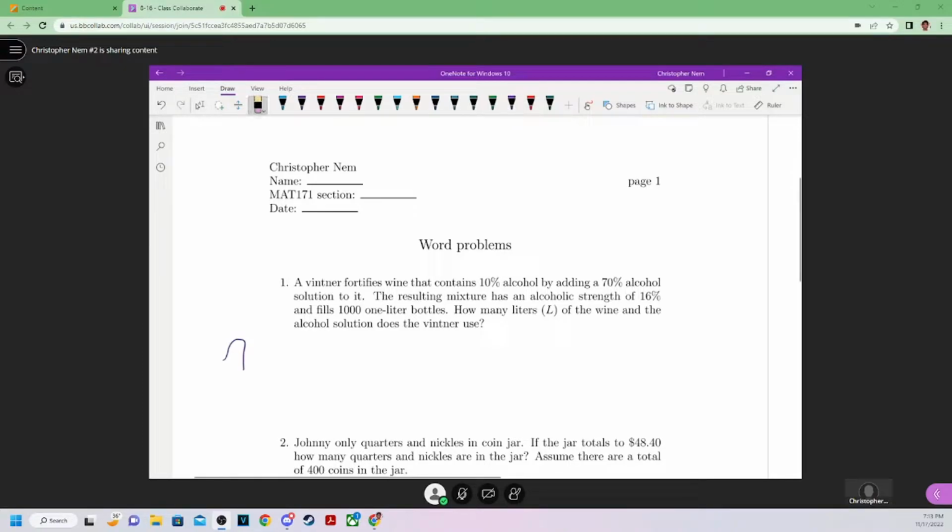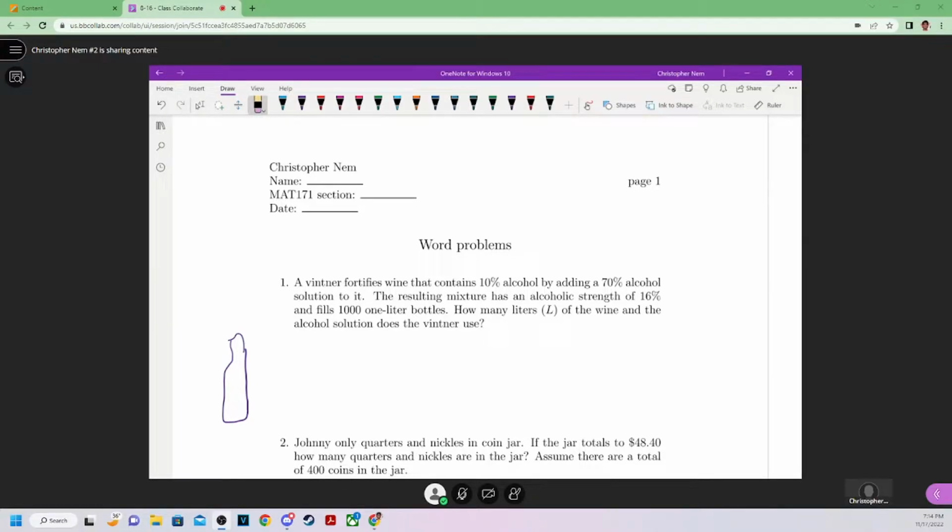I might not be the best artist, but I will give it a shot. That looks terrible. That looks better. And then you have a wine bottle over here. I'm never going to color it, I'm just going to leave it like this.